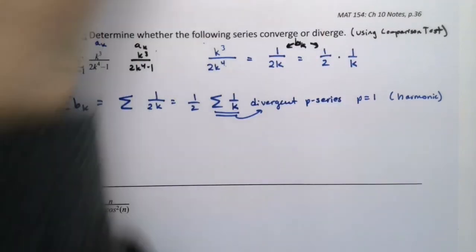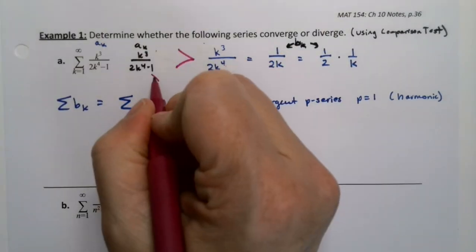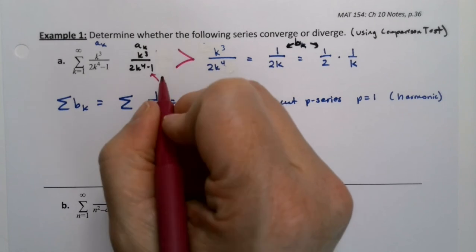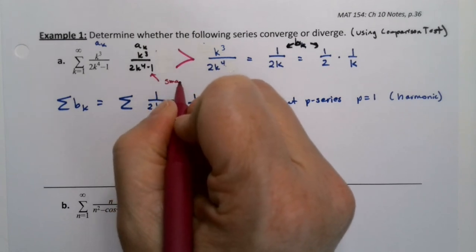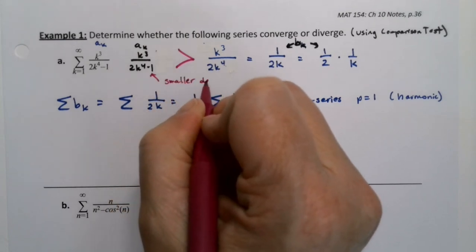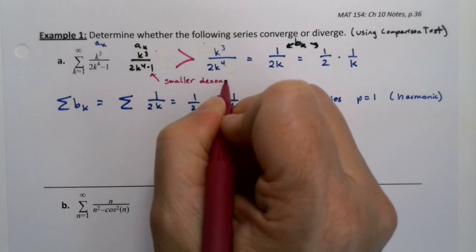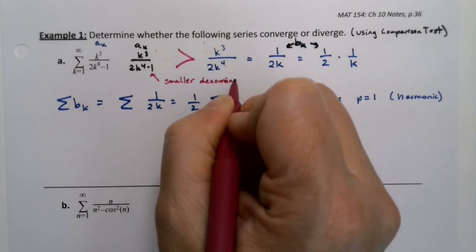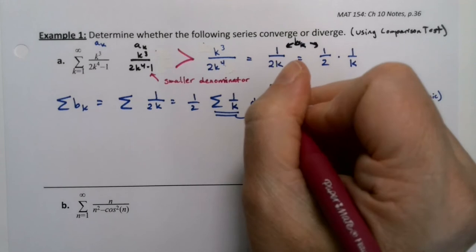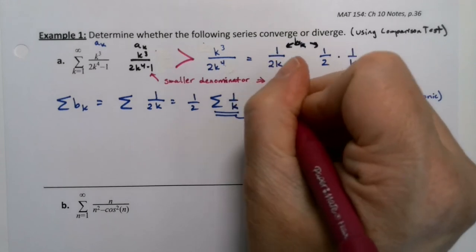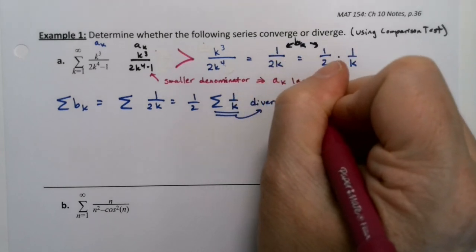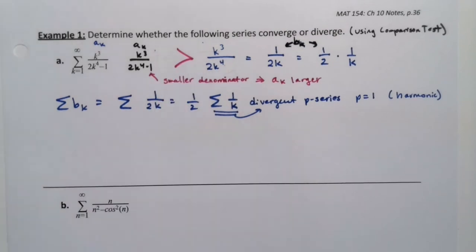It's smaller because of the smaller denominator here, because of that subtraction of 1. Smaller denominator means the a sub k is larger. That's why the symbol faces the way that it does.